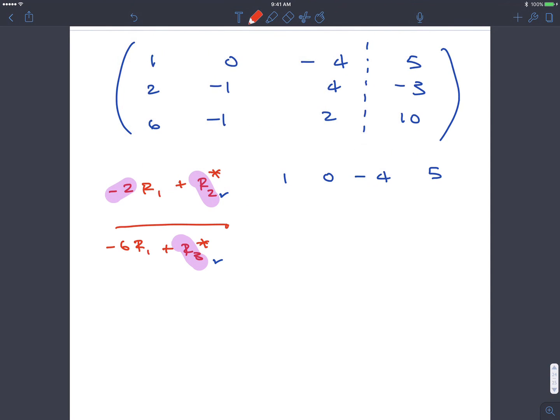This is what this means: -2 times every entry in row 1, and I'm going to add those new values and put them in row number 2. So let's do this slowly. -2 times 1 is -2. Added to this 2 now, -2 plus 2 gives me 0.